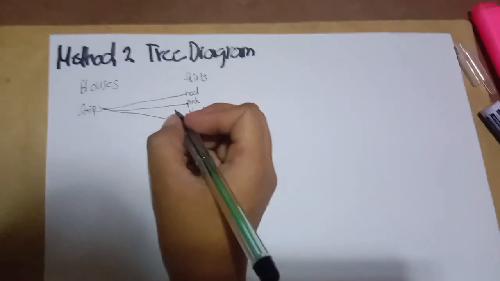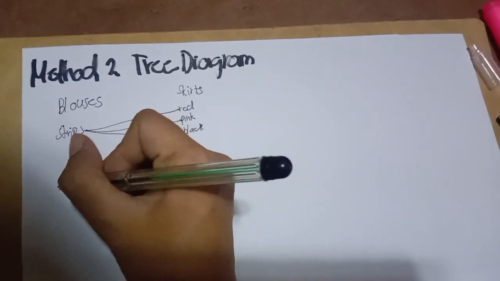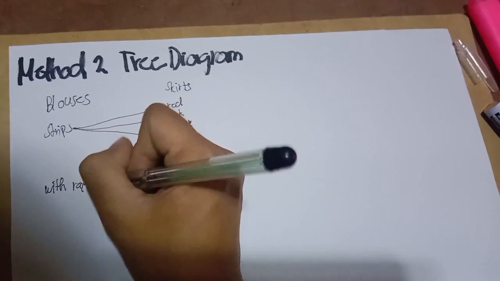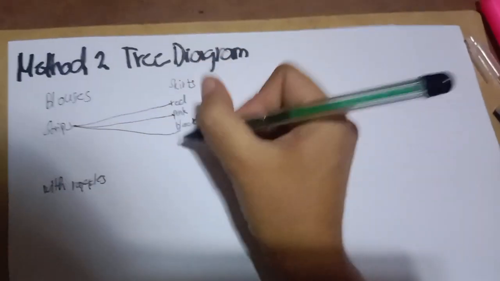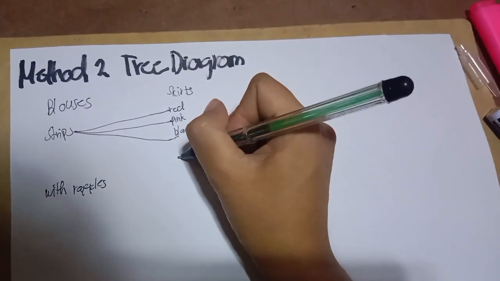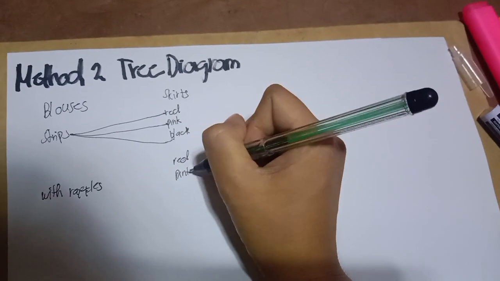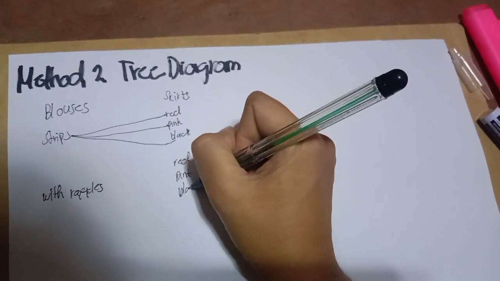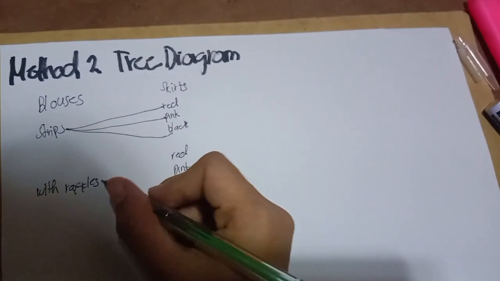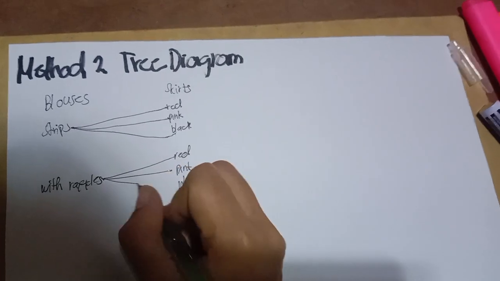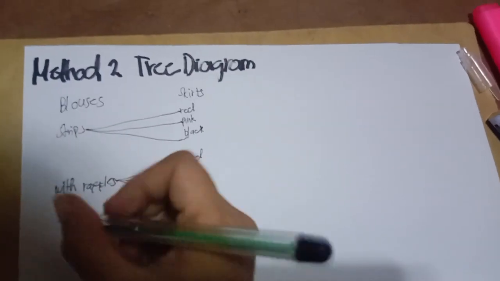Next is the blouse with ruffles. It also has the colors red, pink, and black, so we connect it to the red, the pink, and the black. Next is the long sleeves.